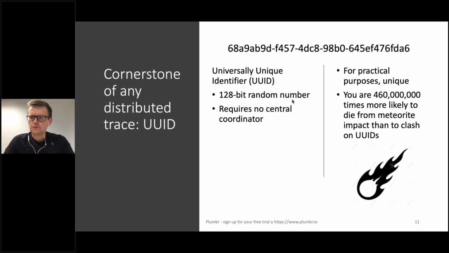So every node in this distributed trace is allowed to generate this universally unique identifier, and it's for all practical purposes guaranteed to be unique. To give you some idea how unique, if you're not really afraid of being hit by a meteorite, then you shouldn't really be worried about your UUIDs colliding.